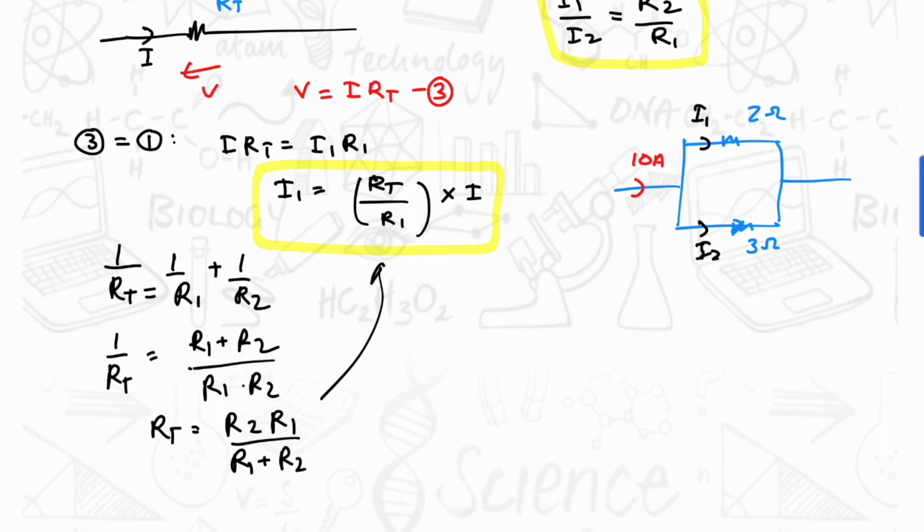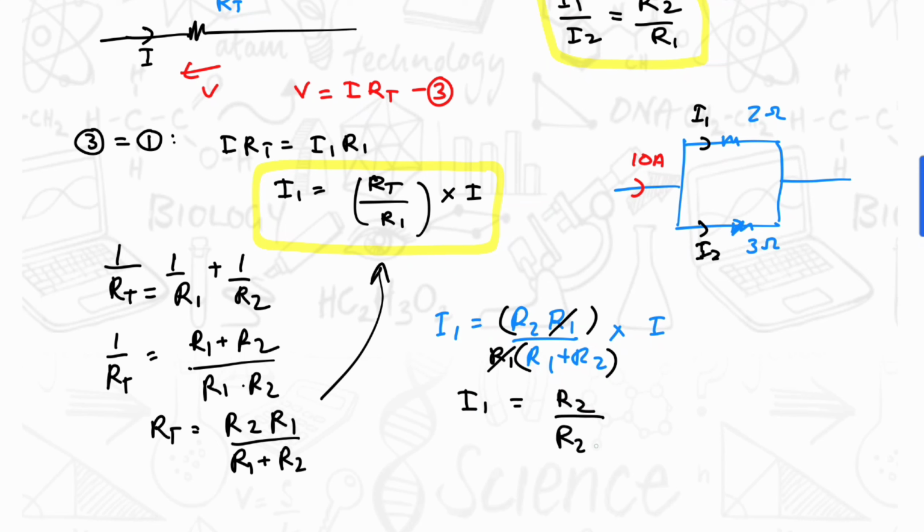So if we substitute the value here, we get I1 is equal to R2 divided by R1 plus R2 into I divided by R1. This R1 will get cancelled with the other R1. Then we get I1 is equal to R2 divided by R2 plus R1 times I.